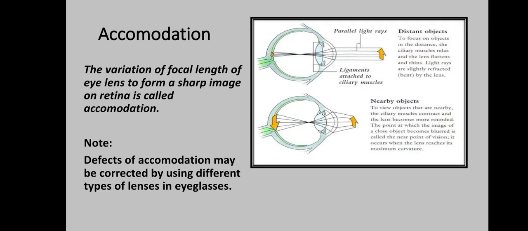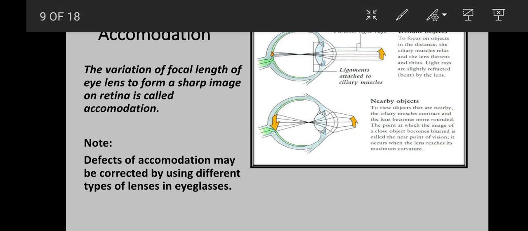Due to the defects of accommodation, which can be corrected by using suitable lenses. Here you can see, to see the distant objects, the parallel light rays show that the light rays are coming from a distant object as they are parallel. To focus on objects in the distance, the ciliary muscles relax and the lens flattens and thins.